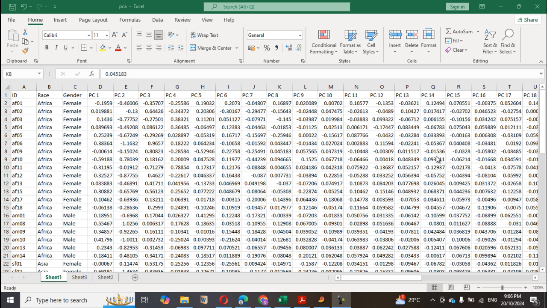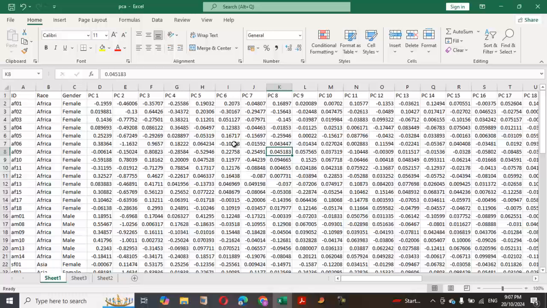So if I use your normal raw shape data, I'm talking about the TPS file values, or you can also use your PC data. But the best way is to use PC data, which you have gotten here. But you can also use the normal TPS data that you have generated and landmarked.